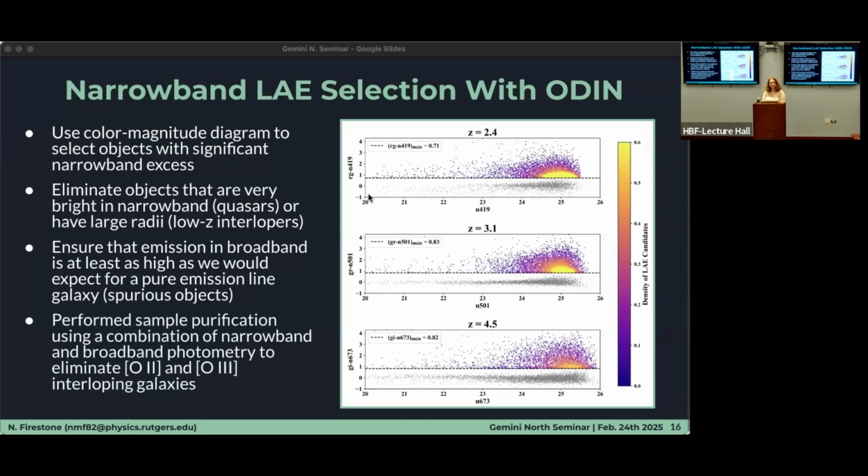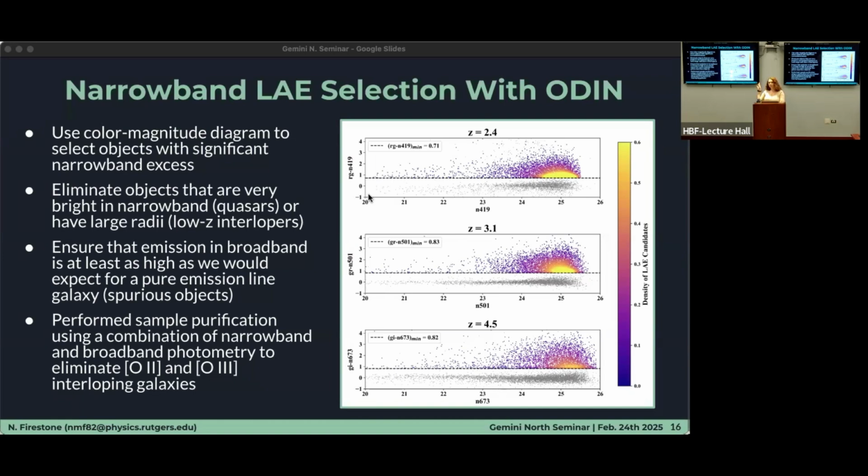And lastly, we perform a sample purification. And we accomplish this by using a combination of both our narrowband data and broadband photometry. And this is specifically designed to eliminate O2 and O3 interloping galaxies, which have the largest emission line brightness compared to Lyman alpha, and tend to be the sneakiest objects to masquerade as LAEs in our narrowband data.